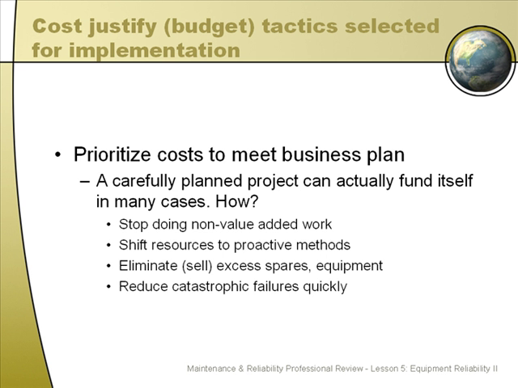Okay, next we can shift resources to proactive methods. As we talked about before, it's 4 to 9 times cheaper to do proactive work. So as your process gets stronger and you eliminate breakdowns and reactive maintenance, you can start doing more proactive work, which reduces costs and therefore frees up cash for doing more things to increase proactivity.